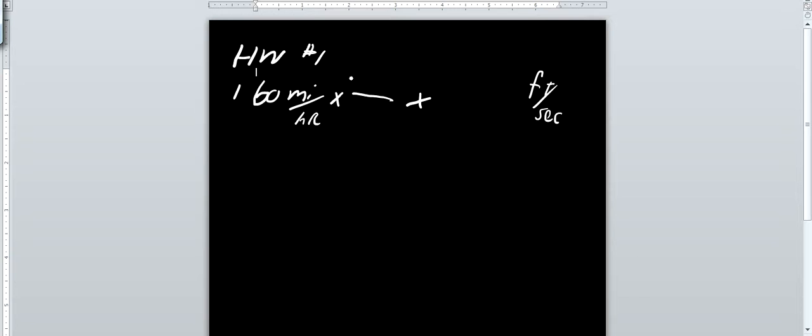For miles to feet, we want feet up here, so that would be 5,280 feet equals 1 mile. That will cancel out the miles here.